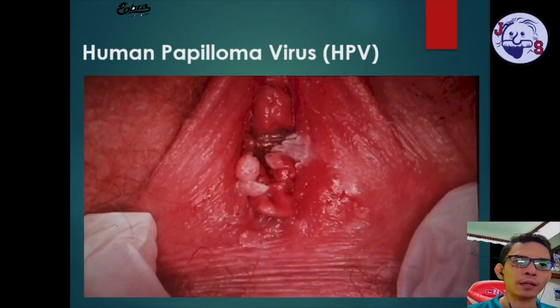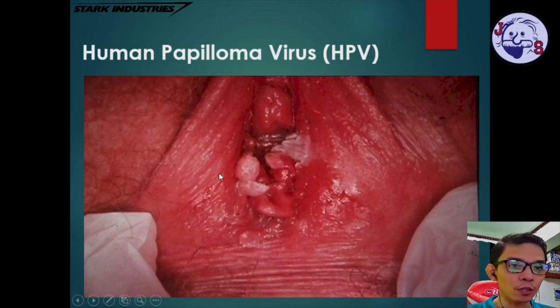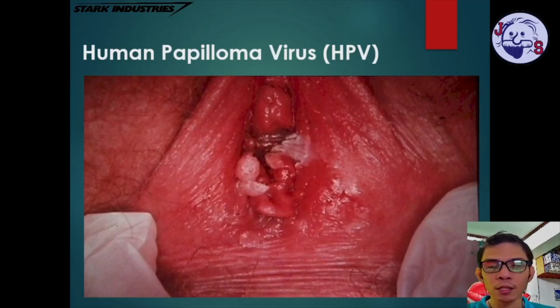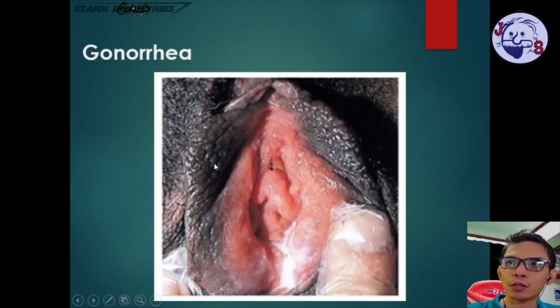Next, these are genital warts found in the female reproductive system, especially in the vagina. If left untreated, it can cause cervical cancer, just like what I said earlier.